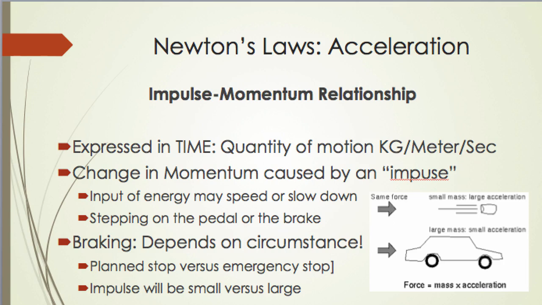But if we're going 80 miles per hour, it's going to take us 6 seconds, let's say. So the important thing here to remember is that the impulse-momentum relationship is an expression of time.